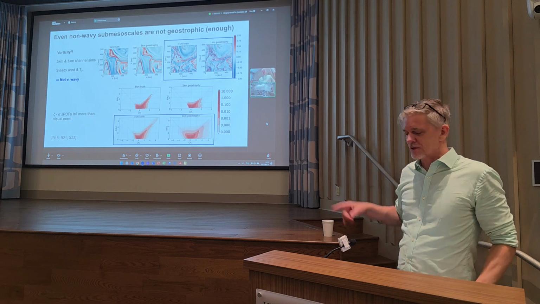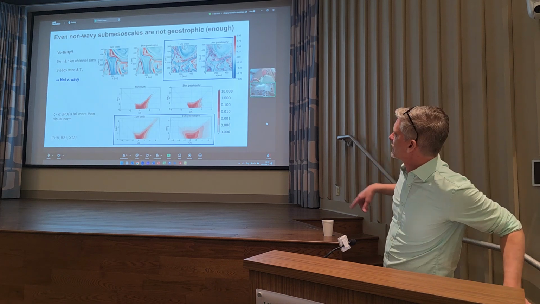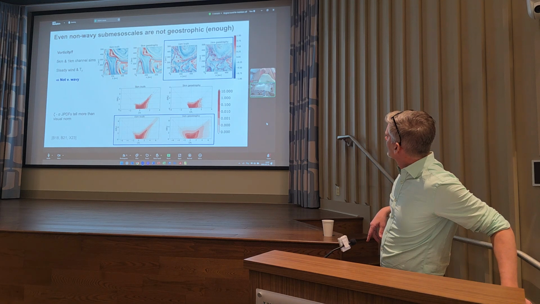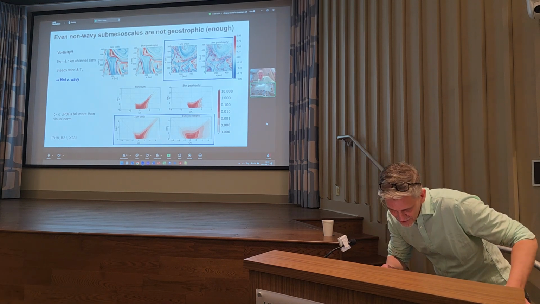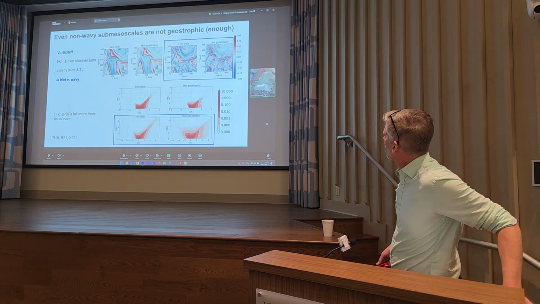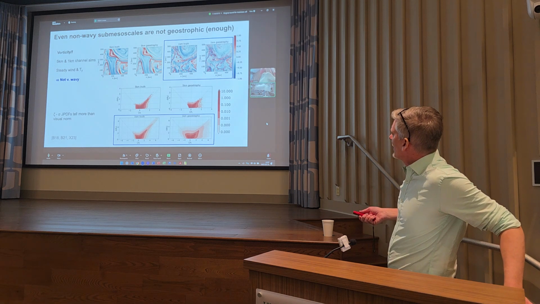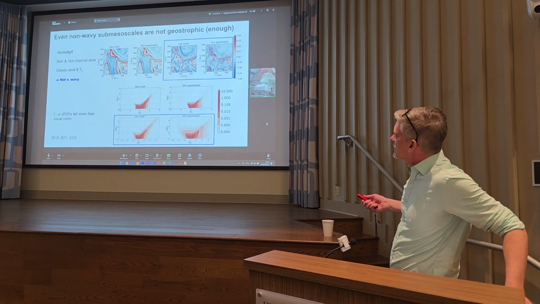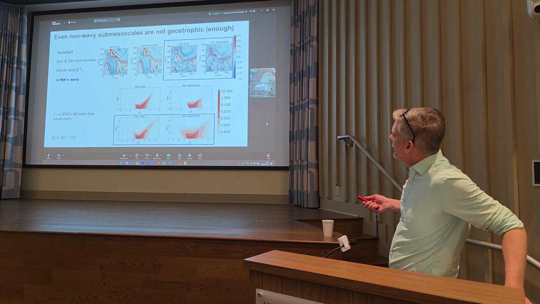First, this was a little bit out of place, I had to show the simulation first, so I just wanted to say when I make the claim, so to explain my claim that stuff is not very geostrophic. From those same simulations, there's a little cutout of it. I'm showing the vorticity divided by f. Here is the actual vorticity in this 5 kilometer simulation.